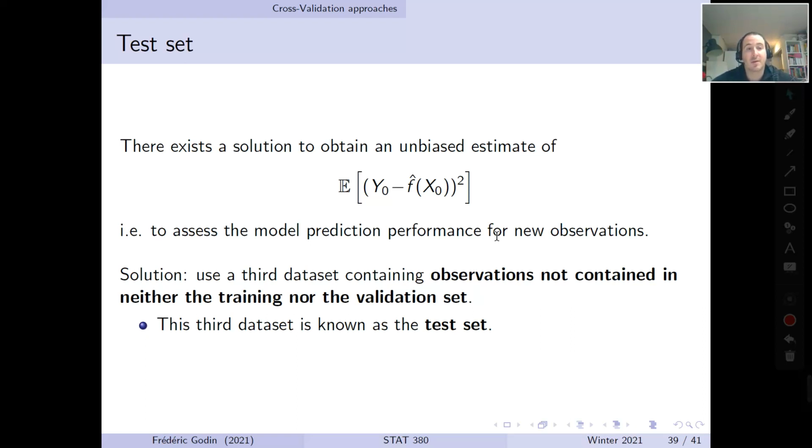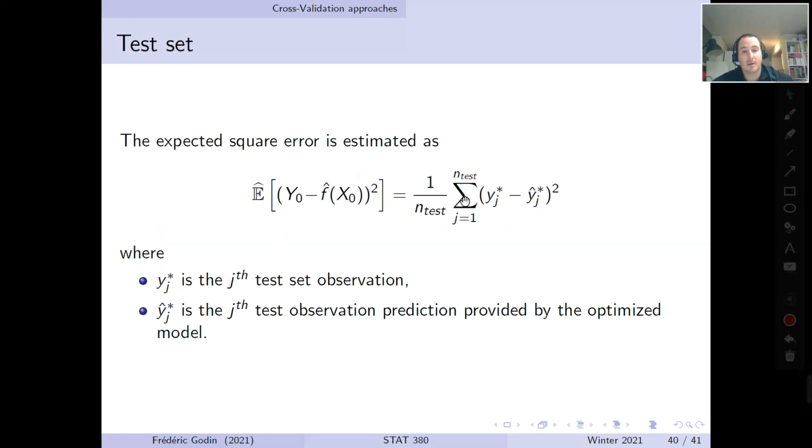This third data set, which is presumably independent from the training and validation set, is known as the test set. To really assess the performance on totally new observations, you can take the mean square error of predictions made for this totally new data set.